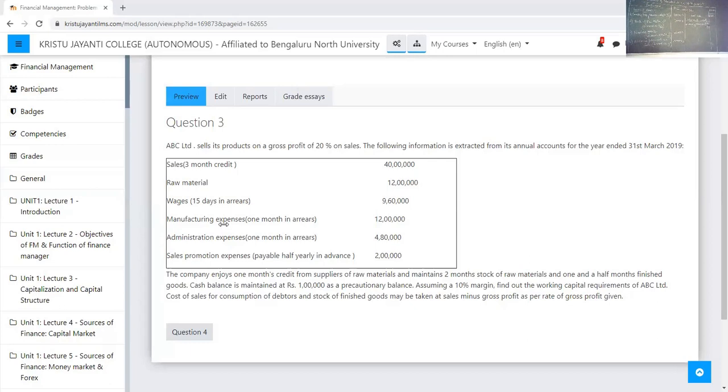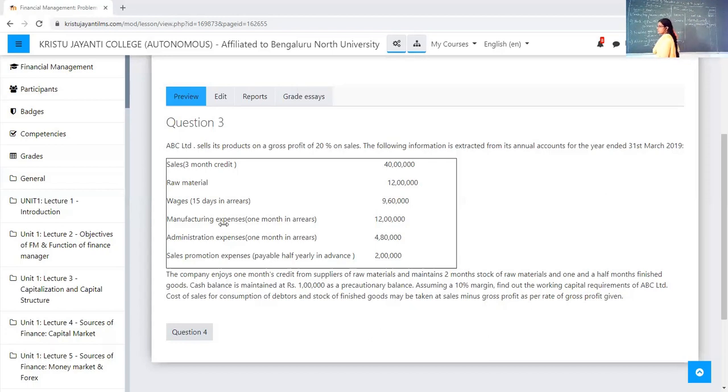If you take 15 divided by 365, or 364, 0.041 into 9,60,000. Noel, can you unmute? Yes, ma'am. I got 40,000. 9,60,000 into 0.5 divided by 12. Okay, so 40,000.